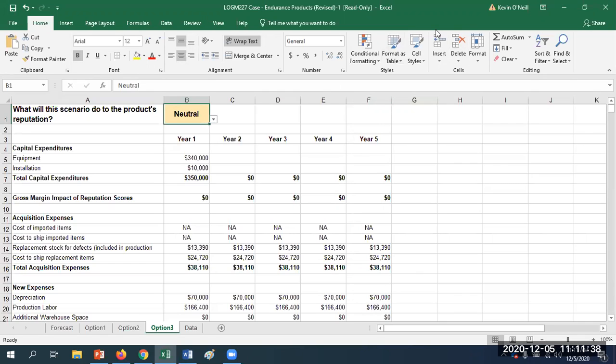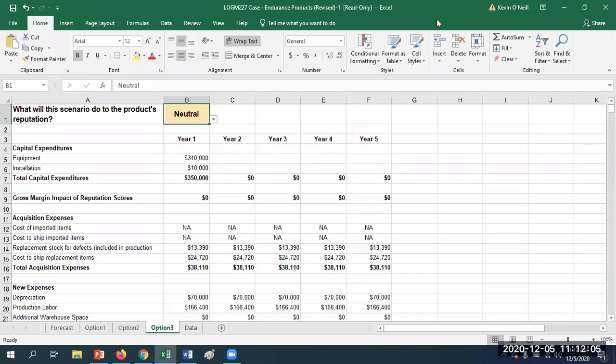Will we get a bad grade if it gets a negative reputation? No, you'll get a bad grade if you can't defend choosing something that's going to give you a negative reputation. I'm looking for a thought process, and a thought process that you will vigorously defend.